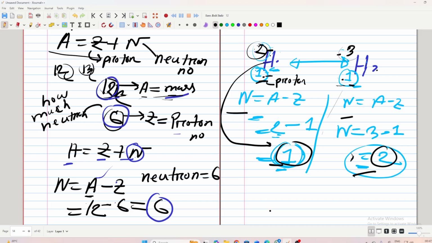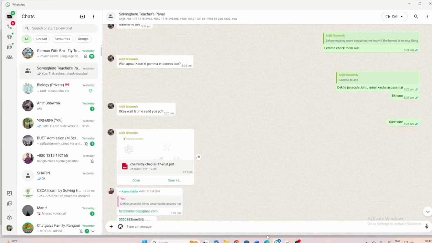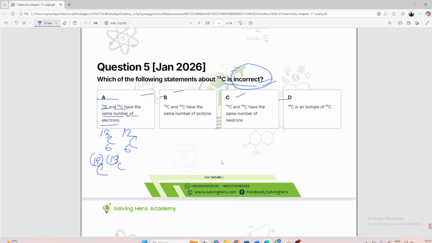So these are mass, but these have proton number 6. This carbon also has proton number 6.